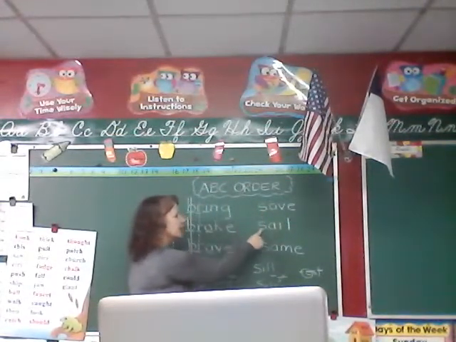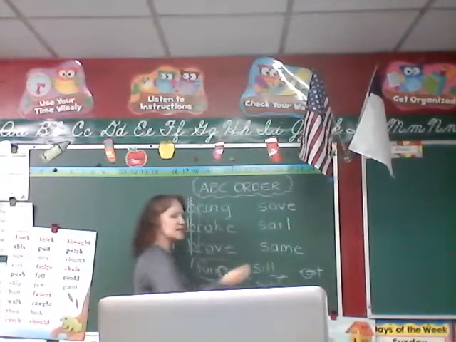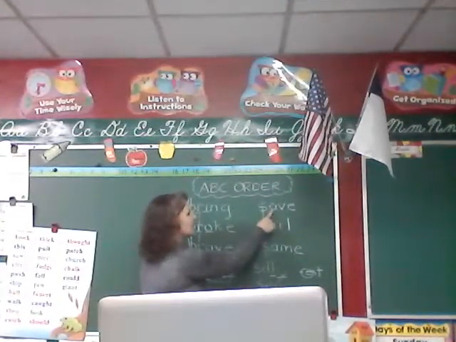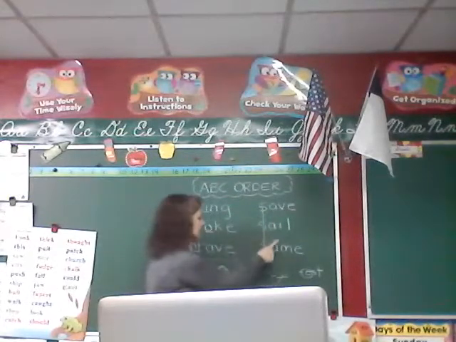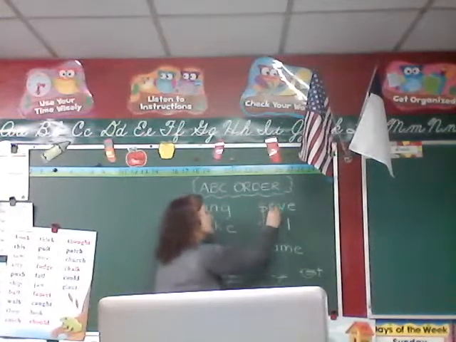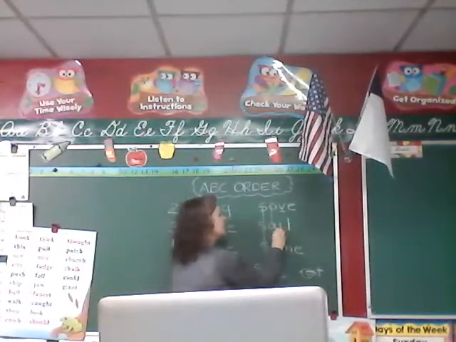We start by looking at the first letter, an S, an S, and an S. They're all the same. Go to the second letter, A, A, A. They're all the same. So now we have to go to the third letter.